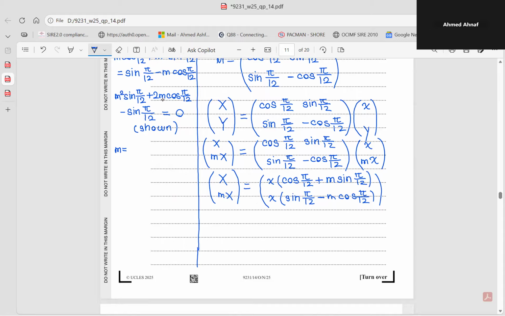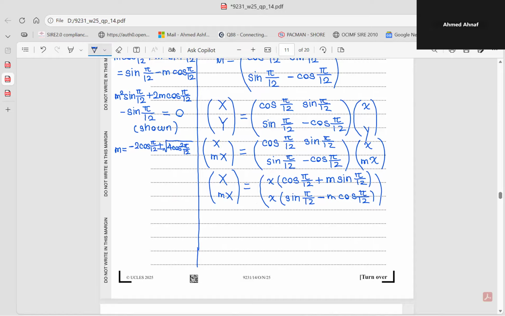So b is 2 cos pi over 12, so that's minus 2 cosine pi over 12 plus or minus the square root of b squared, that's 4 cosine square pi over 12, minus 4ac. A is sine pi over 12.